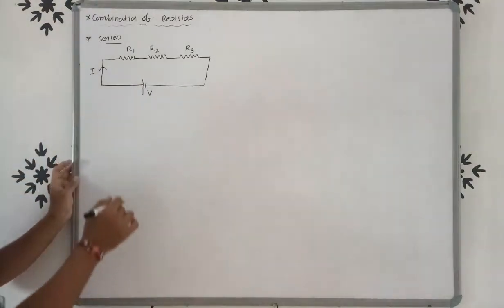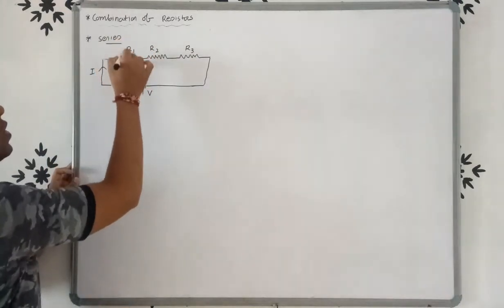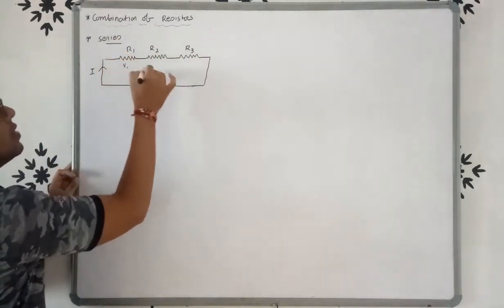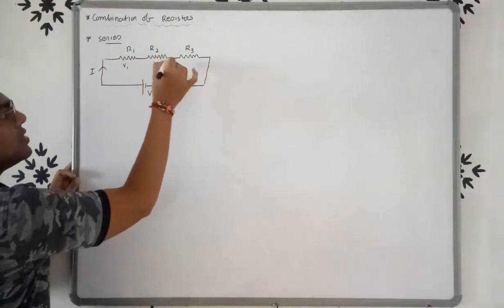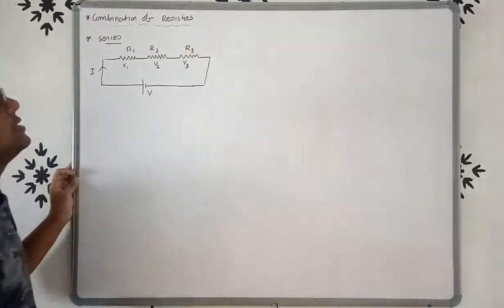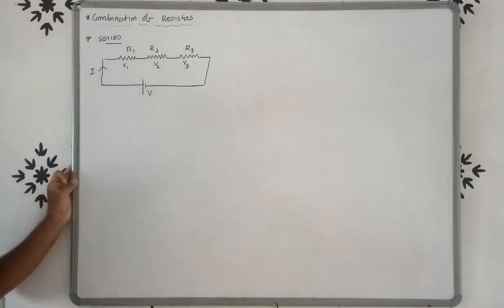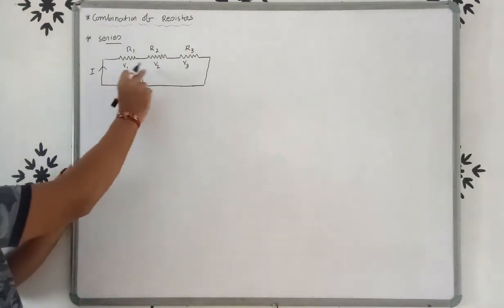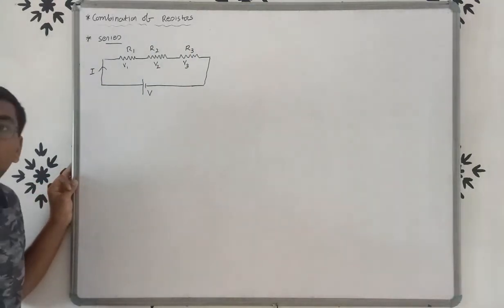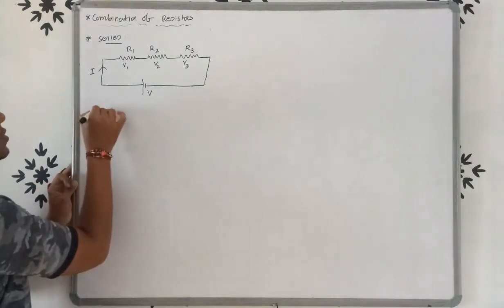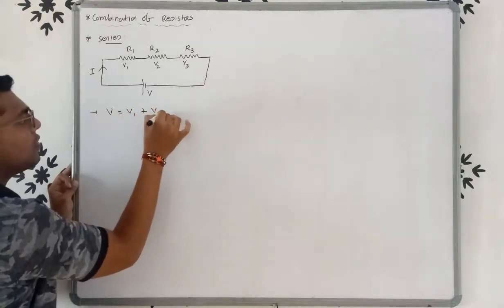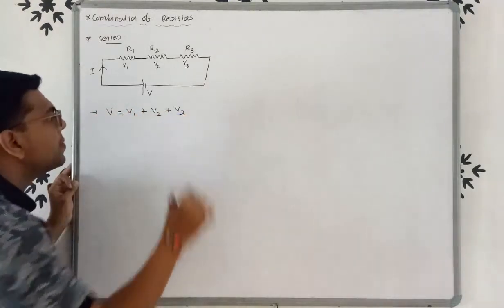The voltage of resistor R1 is V1, of resistor R2 is V2, and of resistor R3 is V3. So the total voltage V is equal to V1 plus V2 plus V3.